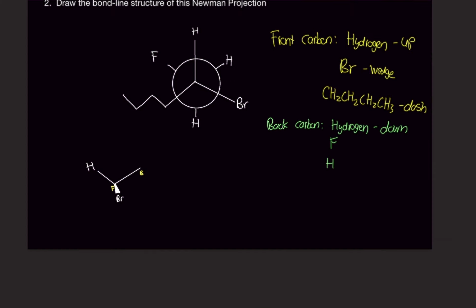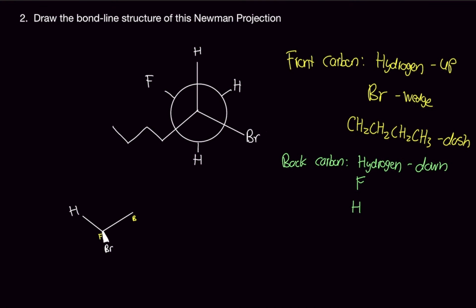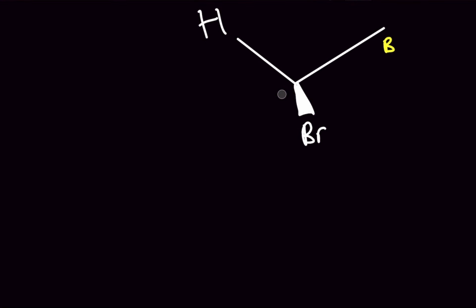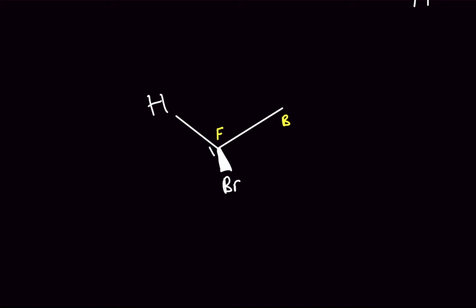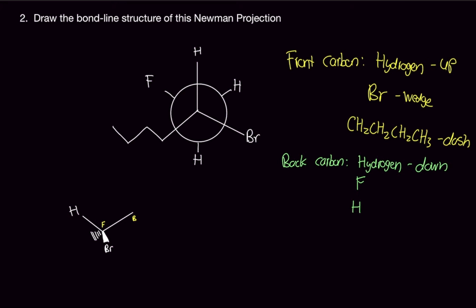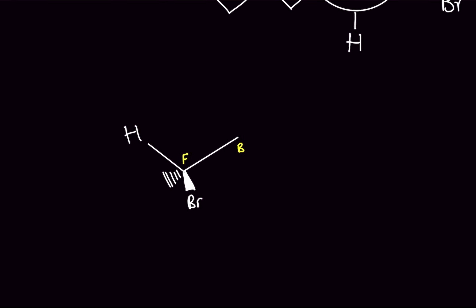Like that. And then CH2, CH2, CH2, CH3 is on a dash. So actually, let me move this over here. So dash. All you have to do is just draw this. Just copy and paste, kind of. CH2, CH2, CH2, CH3.